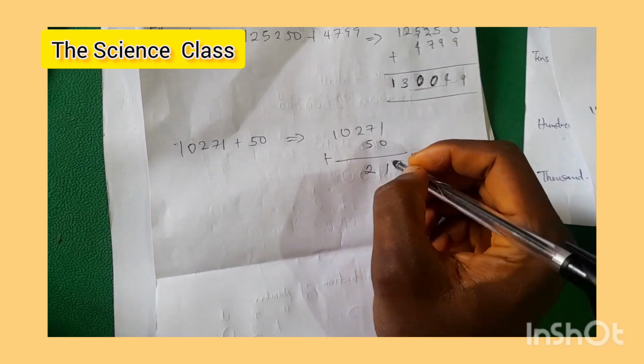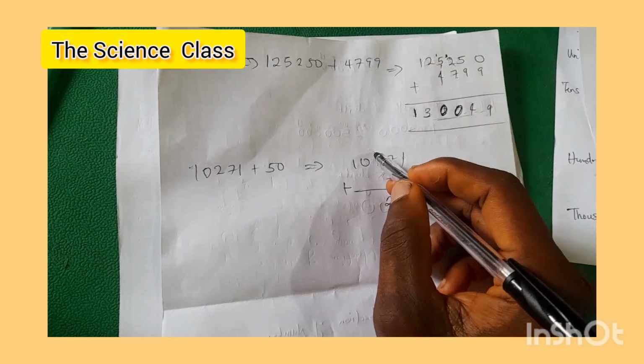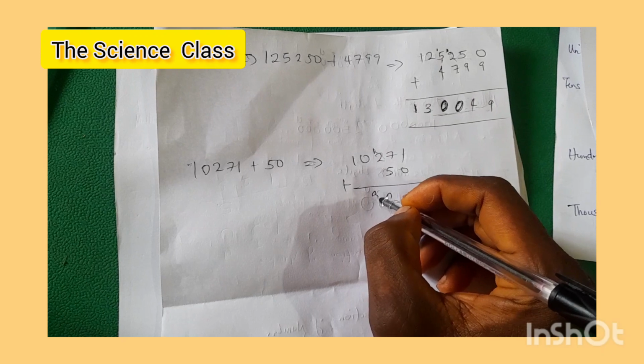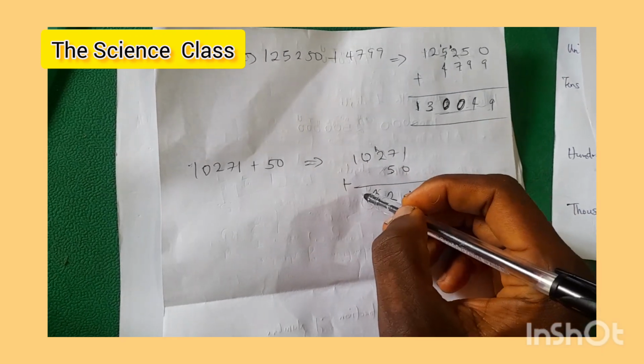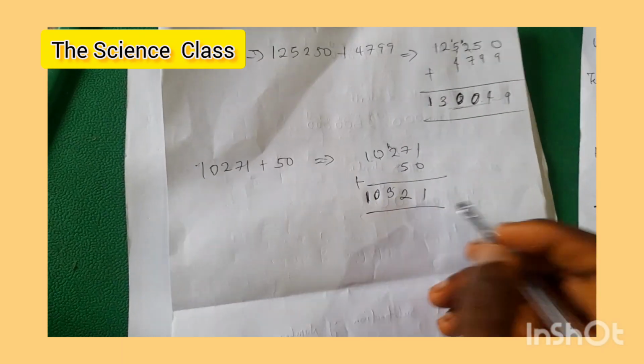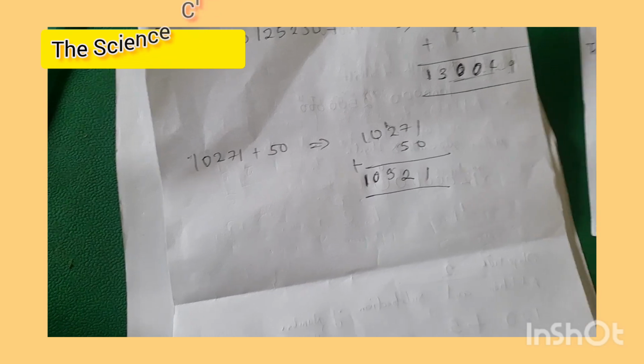So you write 2. You take 1 and add it to this 2 here. 2 plus 1 makes it 3. Then the 0 does not have anything to add to it, so it's 0, and this is 1. So that is how we go about our additions of numbers.